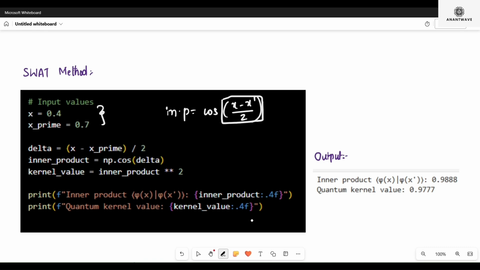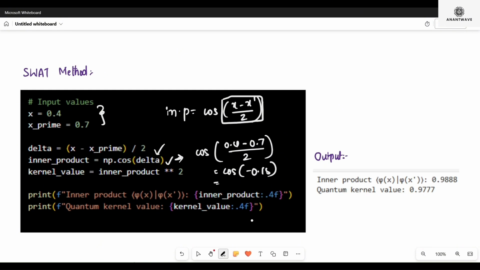Delta equals (x minus x prime) by 2. And then calculating the inner product, that is cos of delta. I'll get a certain value, that is cos of (0.4 minus 0.7) by 2, that is cos of minus 0.15.